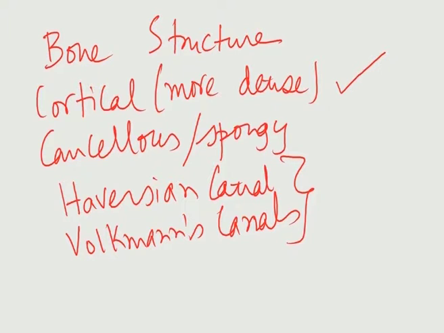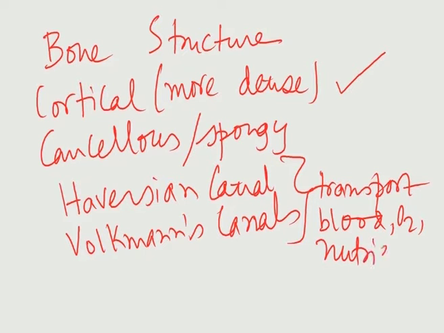The function of these different canals in the bones is to transport blood, oxygen, nutrients to bone cells, as well as to take the waste products from the internal part of the bone to the outside, the bloodstream. Okay, so these are the things that I have mentioned.